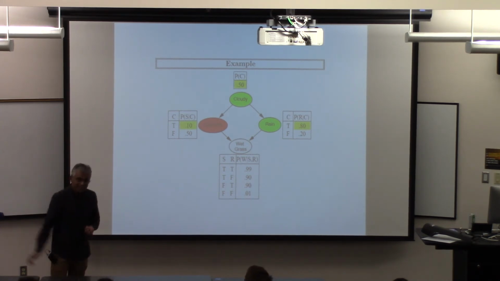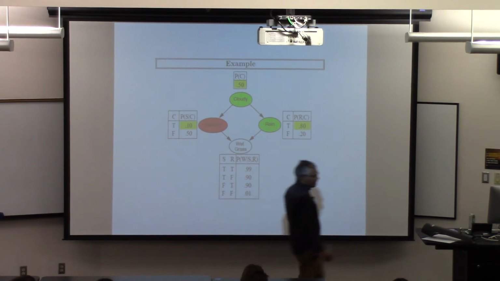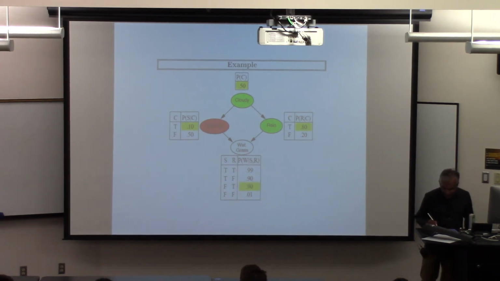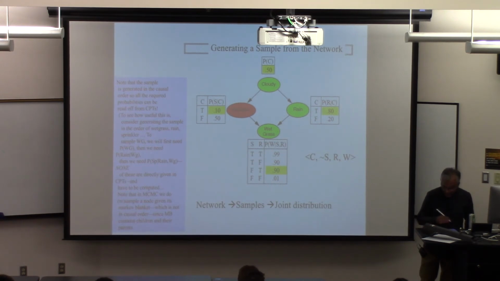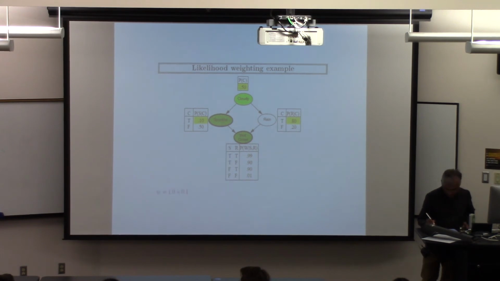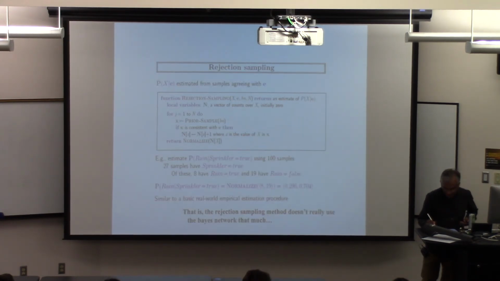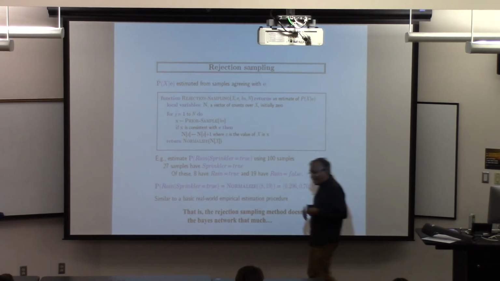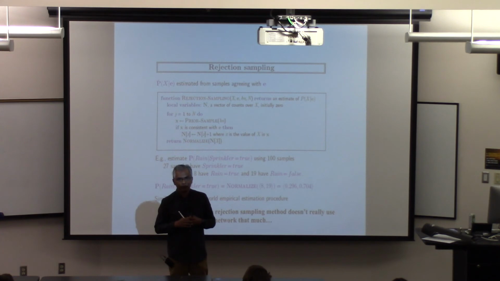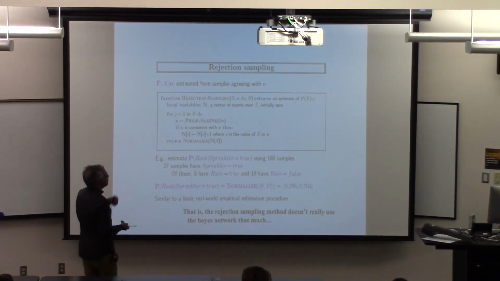Now, if I know how to do this, then if I just wanted to compute probability of, let's see if I can do this, this is basically the joint distribution. If I wanted to compute a conditional probability of something given some other variables having that value, okay, then what I would do essentially is rejection sampling.